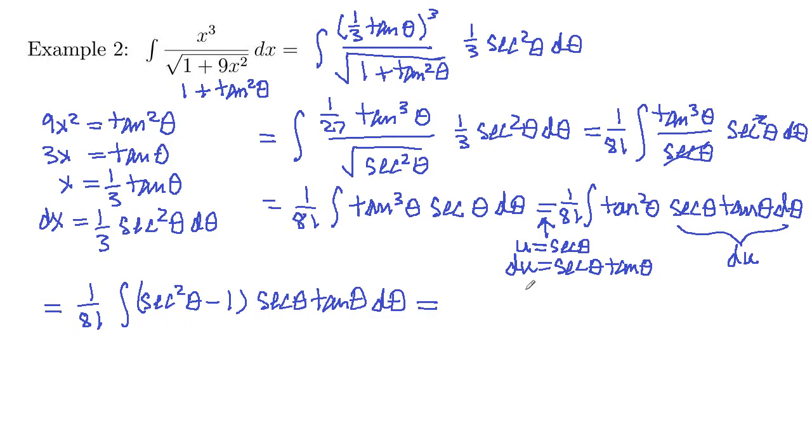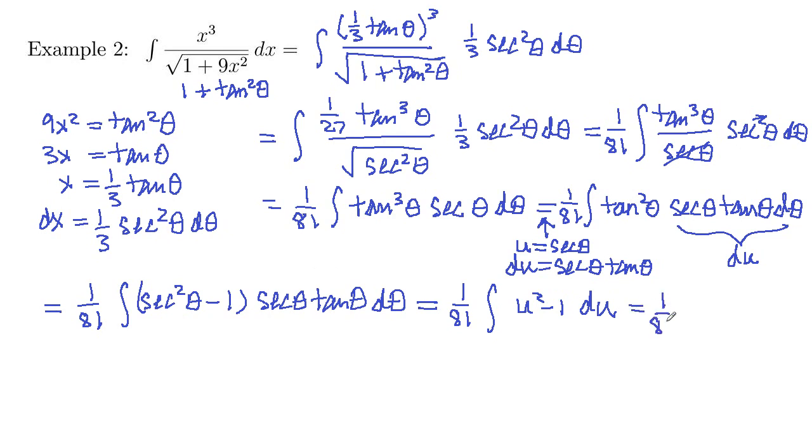And now we can go ahead and use this substitution. So 1 over 81 integral, u is secant, so that'll be u squared minus 1, and here's our du. We know how to do that antiderivative.